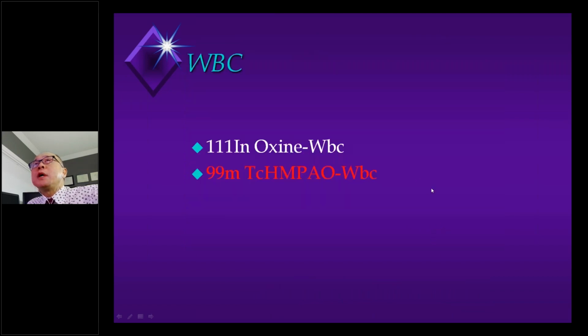So for the two tracers that you can use for white cell, we much prefer, and we exclusively use, the technetium-HMPAO white cell. And I have to say, we have a long history with this, where our department is quite experienced. For as long as I've been in practice, which now exceeds 30 years, we've always used technetium white cell.